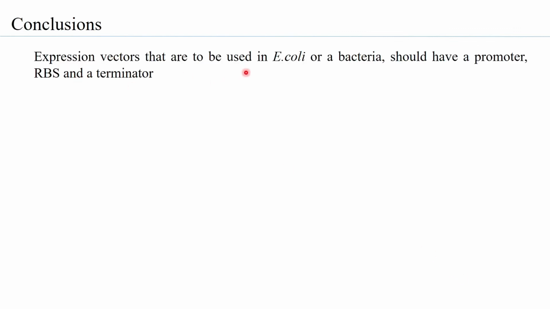So let us make the conclusions. Expression vectors that are to be used in E. coli or a bacteria should have a promoter, a ribosome binding site, and a terminator. Now you must understand that when you consider bacterial systems, the RBS is a Shine-Dalgarno sequence or its equivalent.